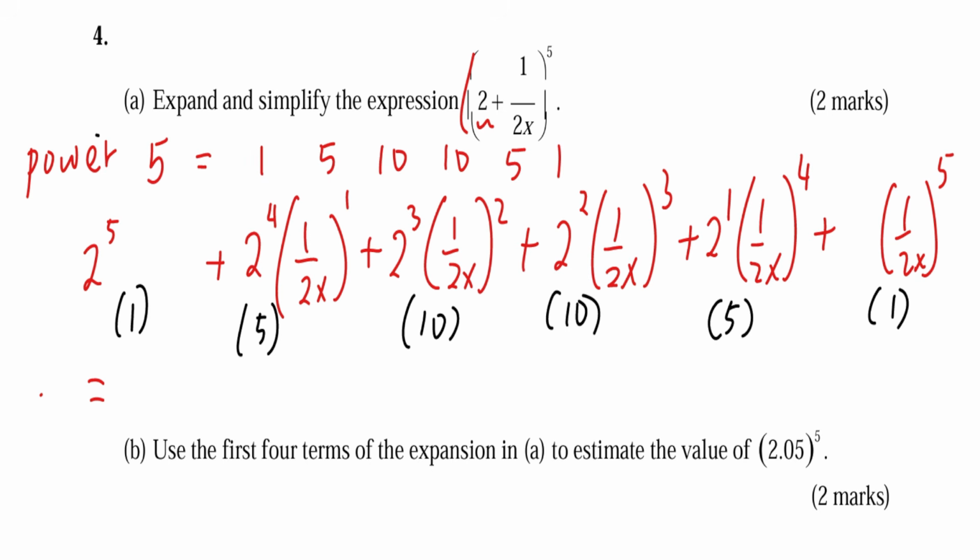So 2 to the power of 5 times 1 gives 32.